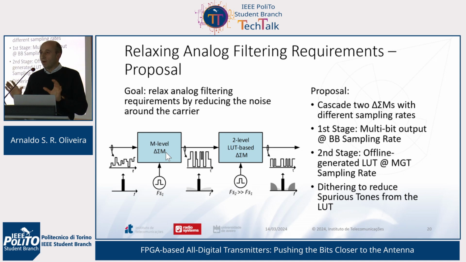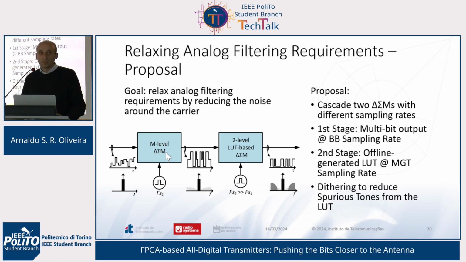We divided the pulse modulation into stages. One stage is a multi-level delta sigma, because a delta sigma can be two-level or multi-level. When we use a multi-level approach, the quantization noise lowers.